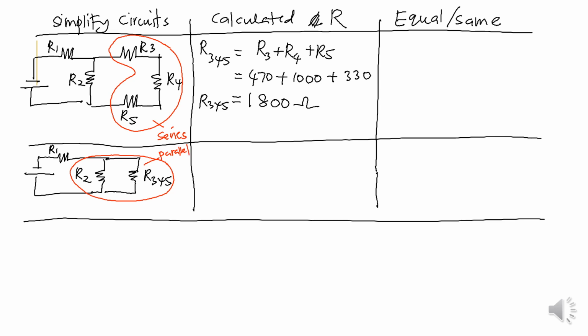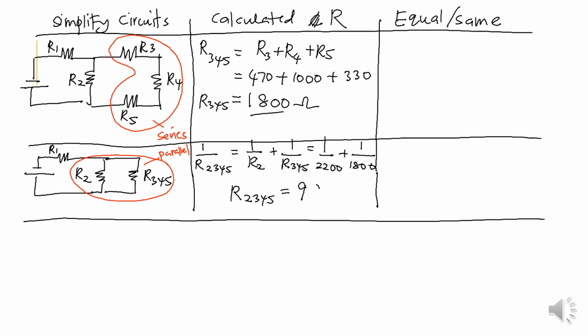So bila disambung secara parallel, so kita tahulah nak cari 1 over R2345 is equal to 1 over R2 plus 1 over R345. So kita masuk nilai R2 is 2200 plus 1 over R345 is 1800. So find R2345, akan dapat 990 ohm.